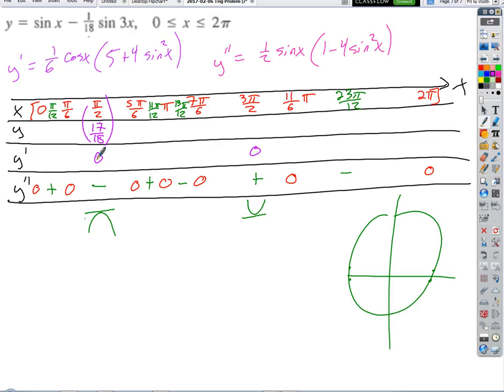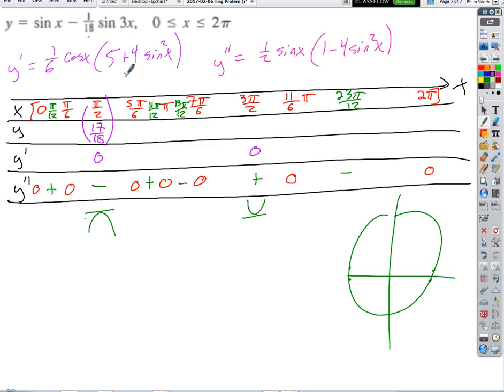So there's one point. What are we going to get at 3/2 pi? You get -1 minus 1/18 times the sine of 9/2 pi. 9/2 is 4.5, so we're going to go around twice and then go up to the top again. So that's going to be -1 plus 1/18, which is -17/18.